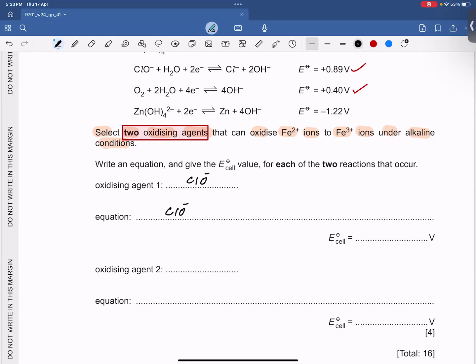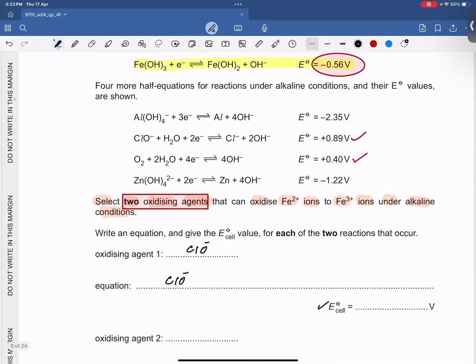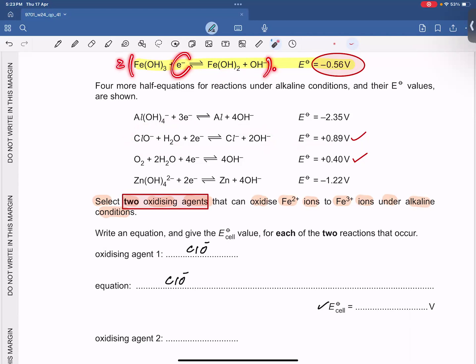Do we need to write the overall equation or the half cell equation? I think we need to write the overall equation because the examiner is looking for the E naught cell also. Since this half cell has a more positive SEP value, I will take this half cell in the reduction form, write it down as it is, and flip this equation. I also need to multiply this equation by 2 because we need to balance the number of electrons.